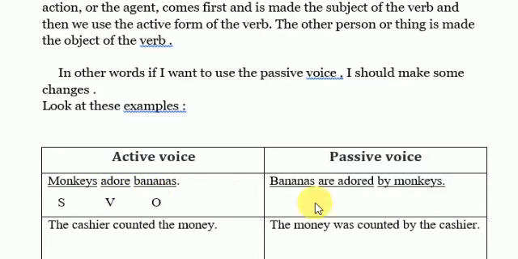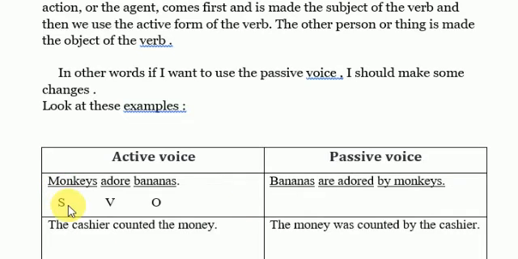They like bananas. In other words, bananas are adored by monkeys. My attention is on bananas, the fruit. My attention, my light, is on the word bananas as a thing, as a fruit, as a food for monkeys. So bananas are adored by whom? By monkeys. All right, so it's quite clear.